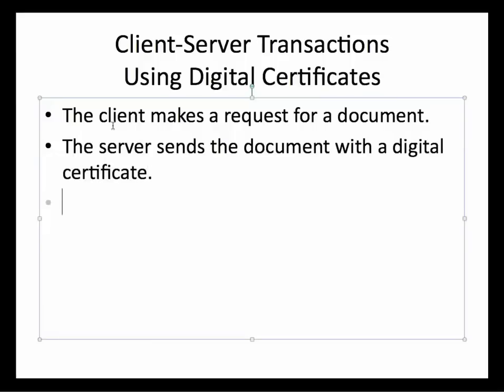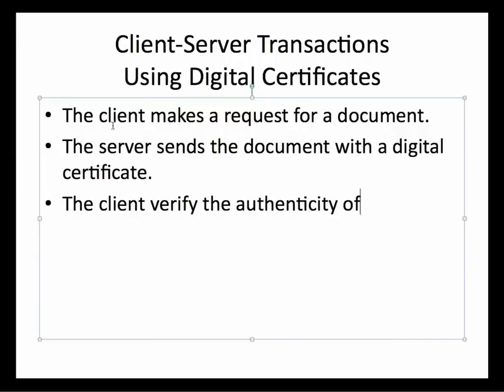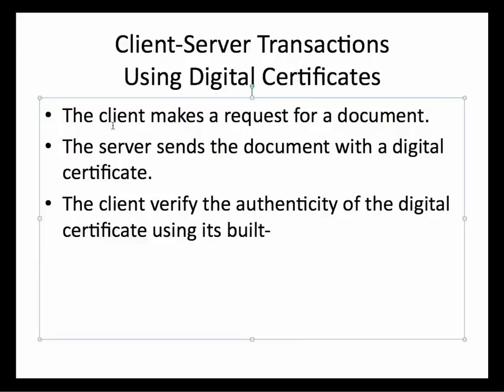Now the client, once it receives the digital certificate, before it uses the public key, first verifies the authenticity of the digital certificate using one of its built-in certificate authority public keys, and then you can verify that the certificate is authentic.